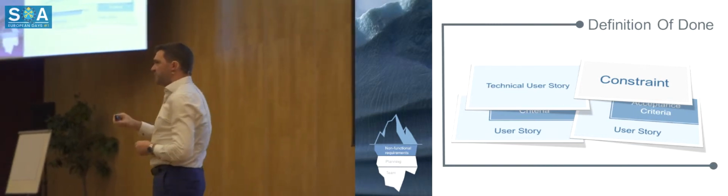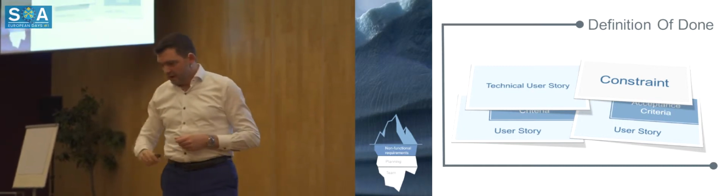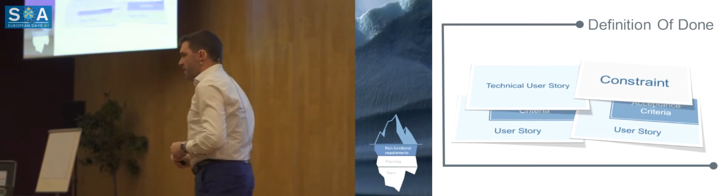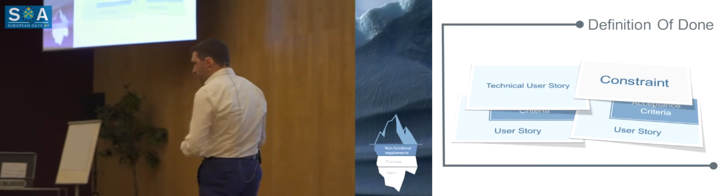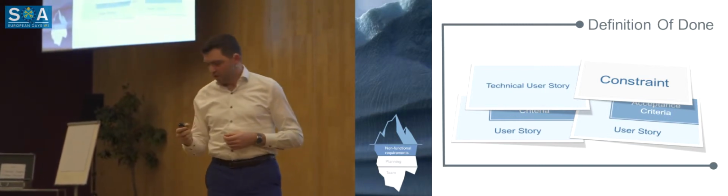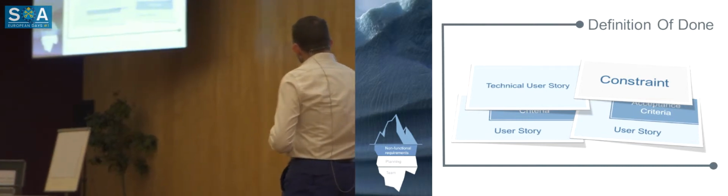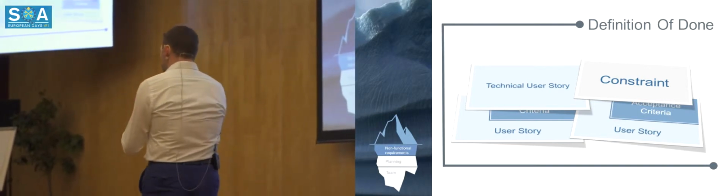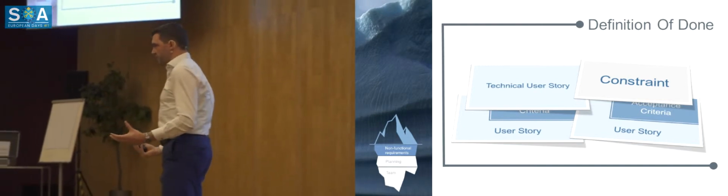If you are familiar with the SAFe model, the Scaled Agile Framework, constraints are a known concept there. A constraint can be about security of your system, but can also be about performance of your system. And the last thing you can use to incorporate the non-functional requirements is the definition of done.